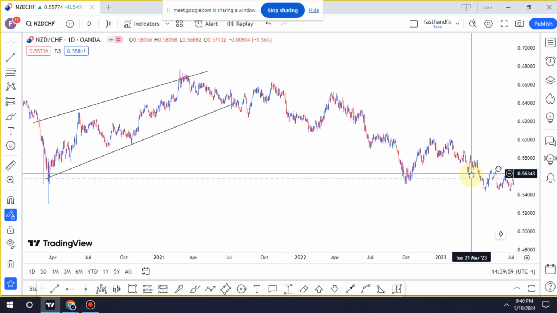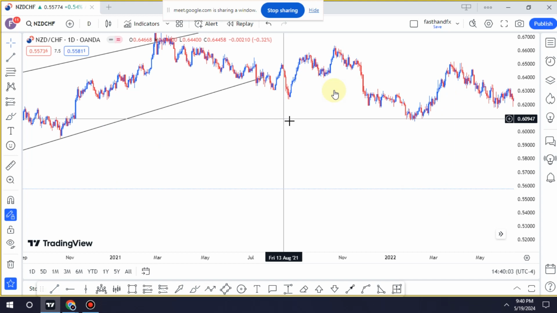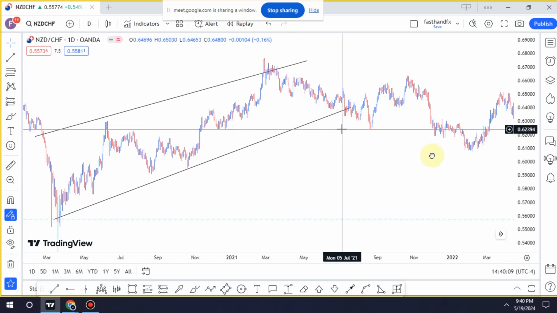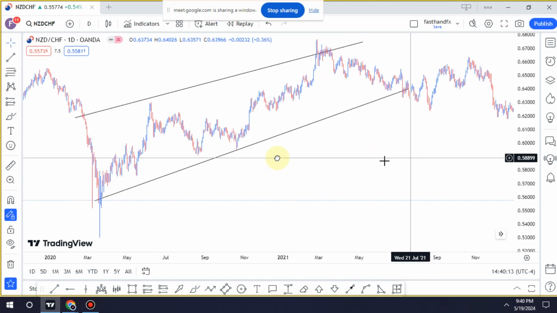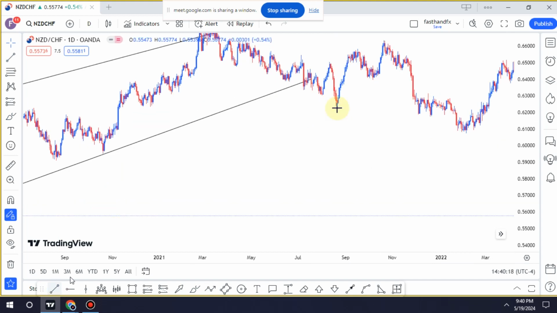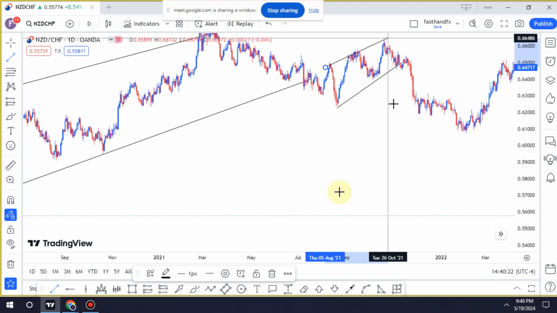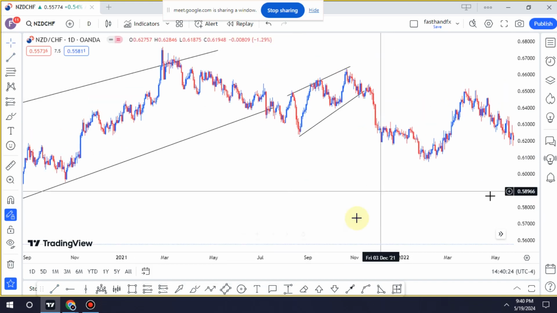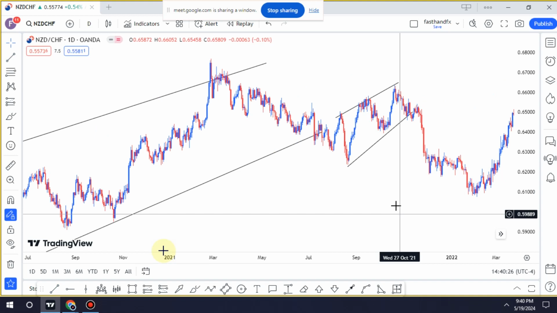Remember I said we need to understand how price is going to break around our level or our resistance level. Now let's understand what price did right here. We had another continuation pattern right here, something like this. Just a minute.